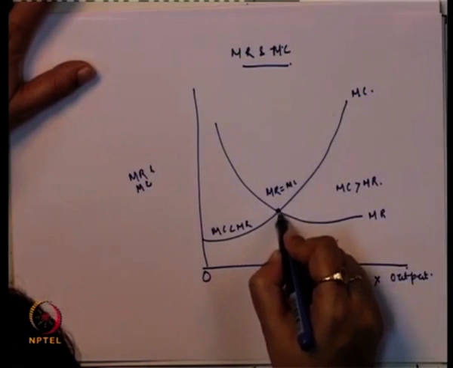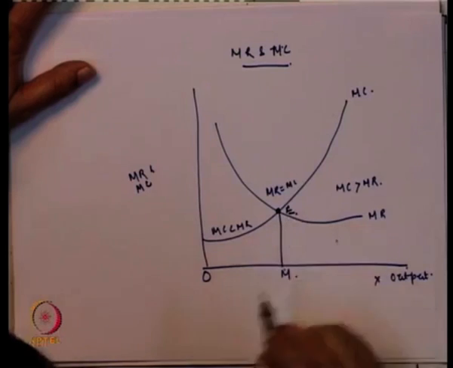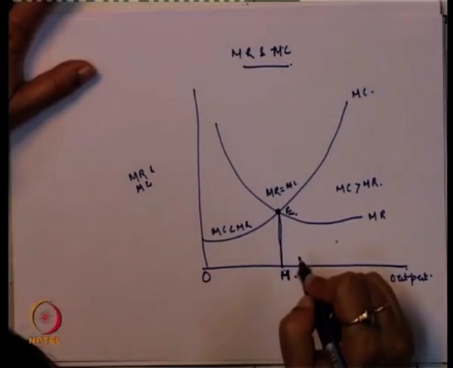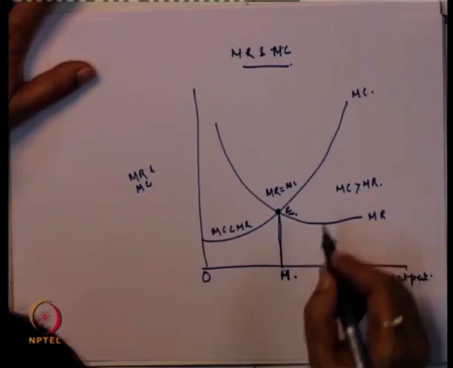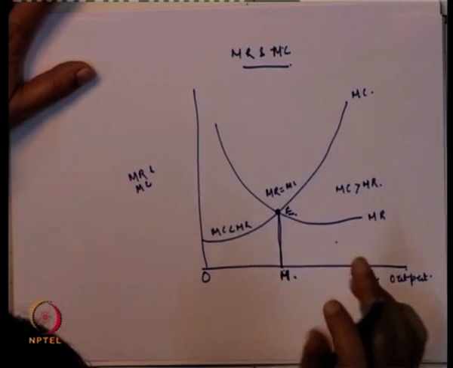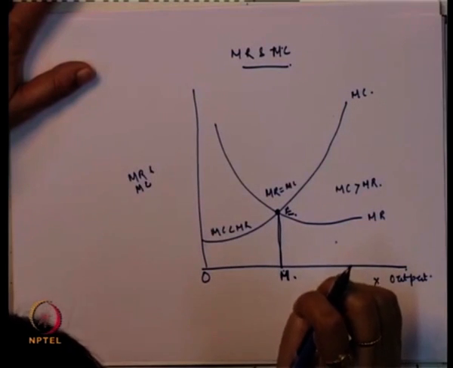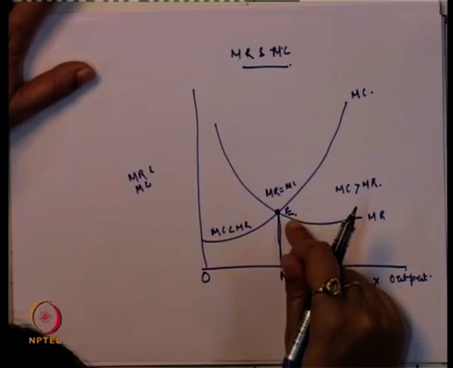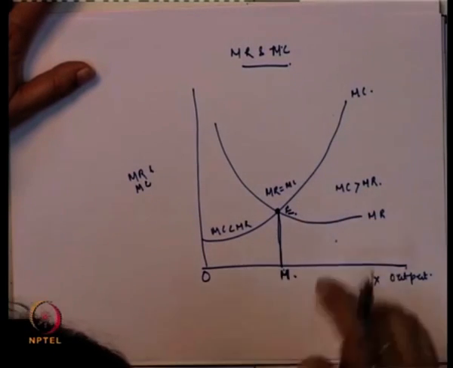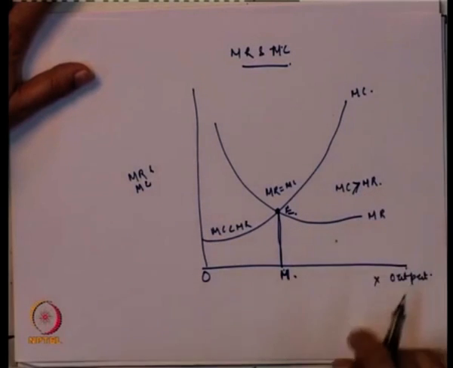They intersect each other at this point E, that corresponds to the output M. Now, up to this OM level of output, marginal revenue exceeds the marginal cost, and beyond this OM level of output, the marginal cost is exceeding the marginal revenue.